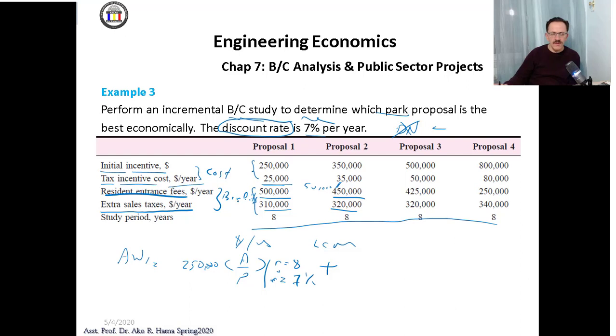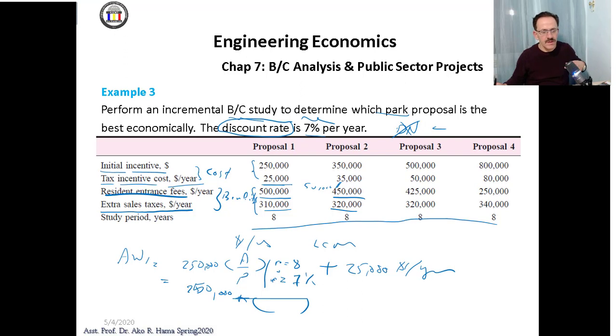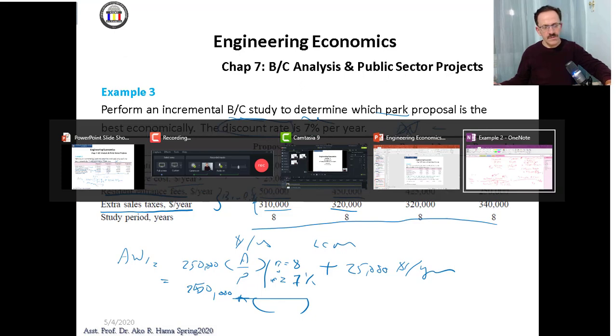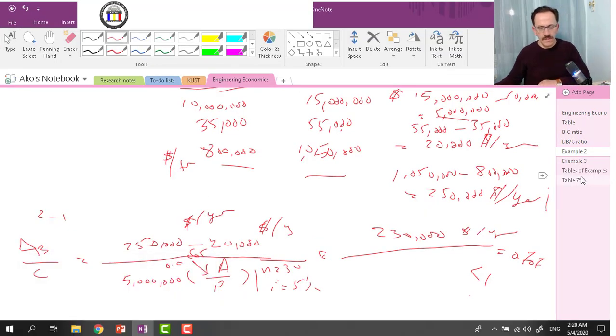I have to be aware about this one. Now let's find this: $250,000 times this factor, A over P for n equal to 8.